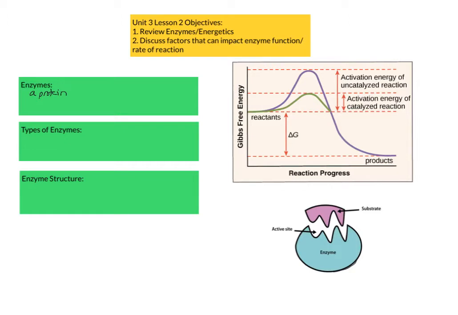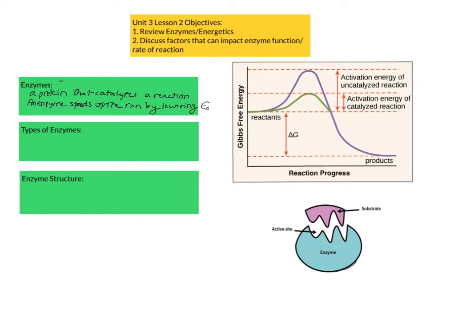And what that means is that an enzyme speeds up the rate of reaction by lowering something that we call the activation energy, or E subscript A for short.